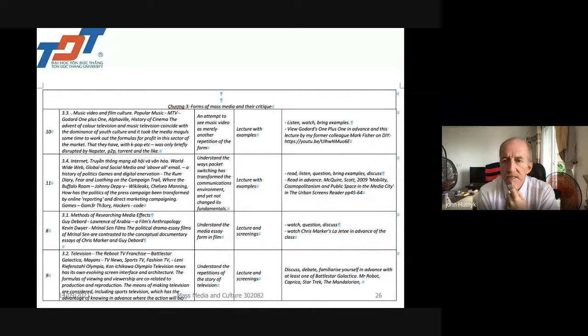Then, because so much of mass media now has been taken over by network connections, of course networks pre-exist the internet, but networks as in TV channels, networks as in radio networks, and so on, there are aspects of the digital that are worth thinking about.